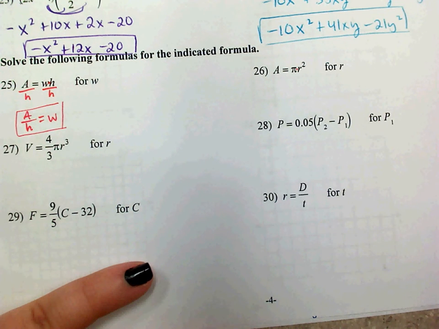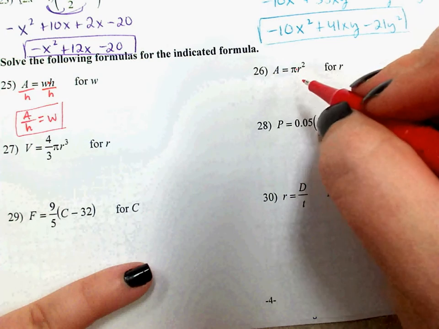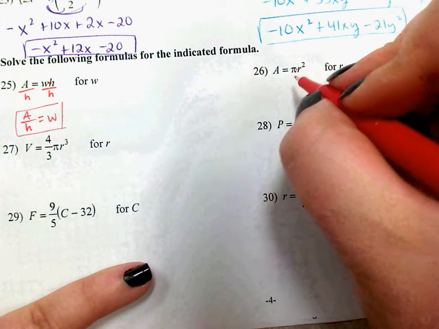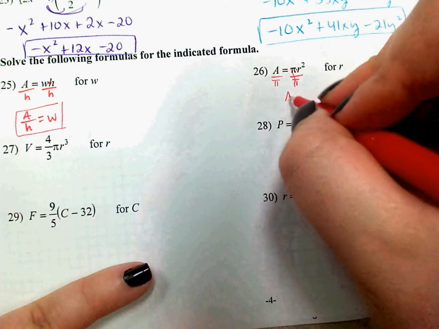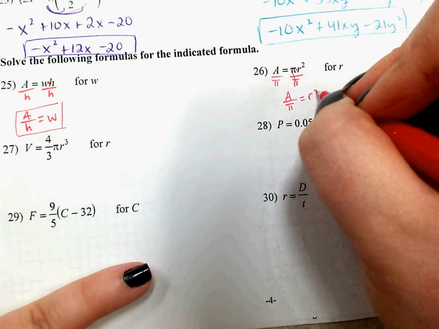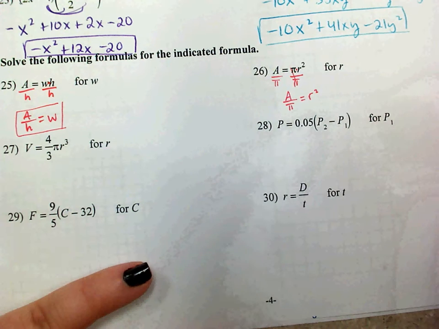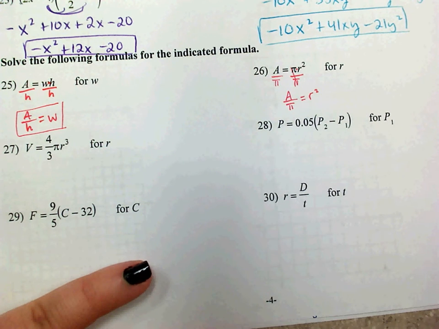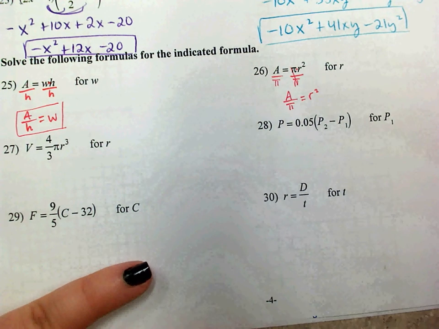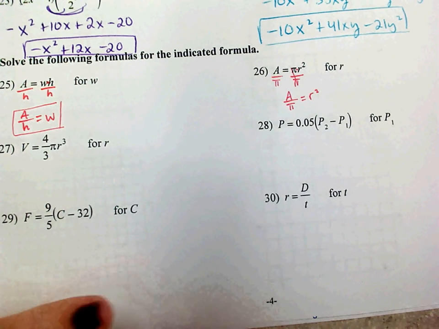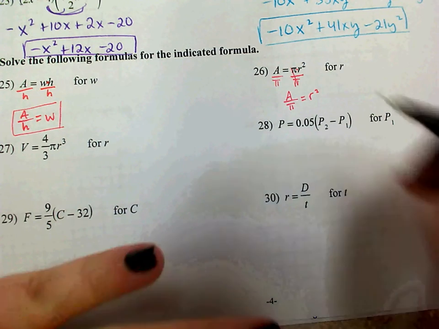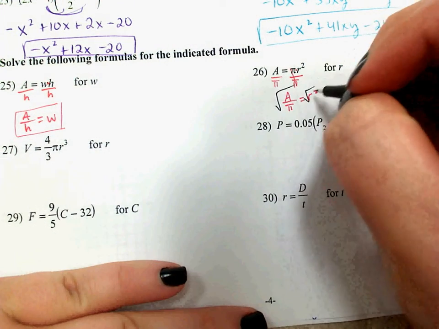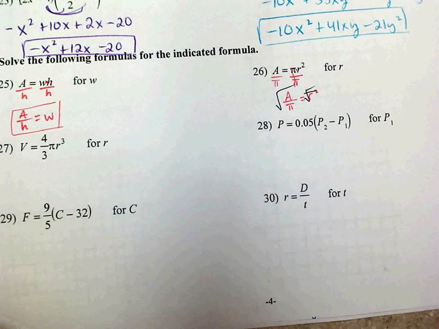I want to solve for R. And you learned from the Pythagorean theorem a long time ago that the opposite of the square is the square root. So if I want to undo R squared, or if I just get R by itself, then I take the square root of both sides. And we'll talk more about square roots later. But R is the square root of A over pi. Technically, it should be plus or minus. But we can talk more about that later.